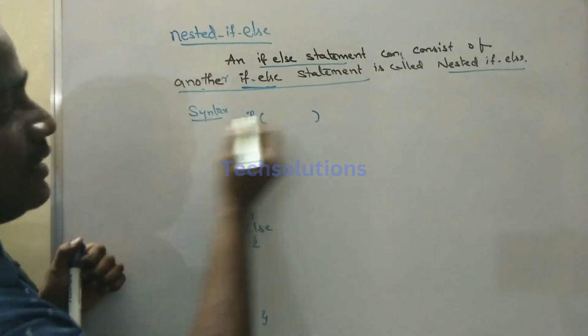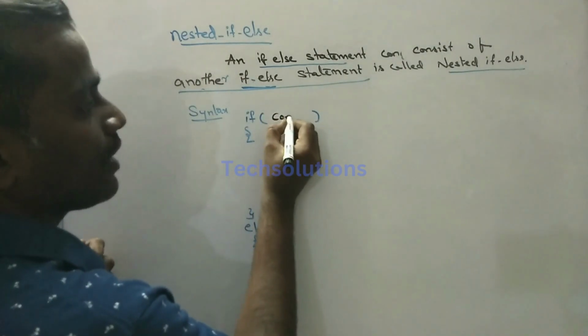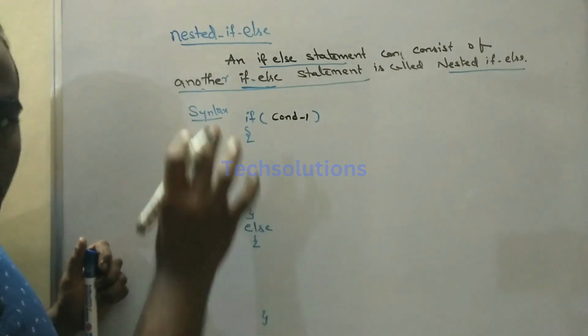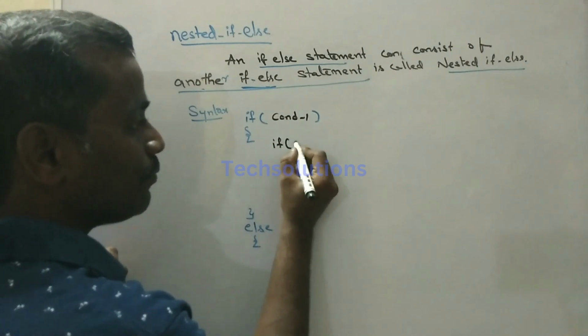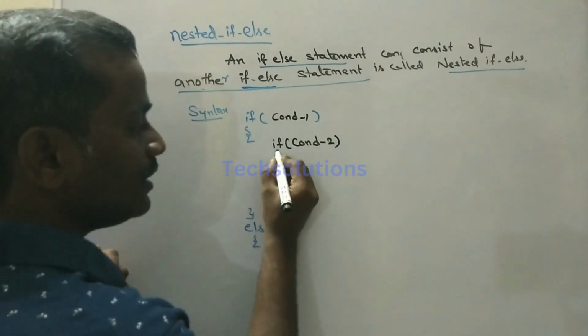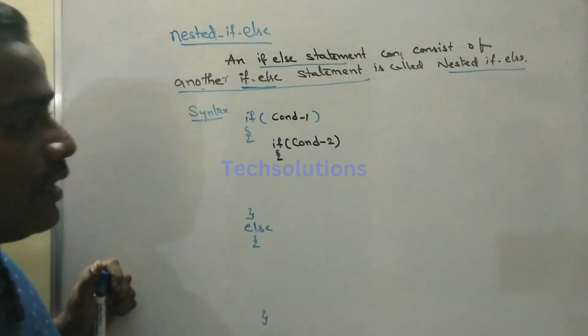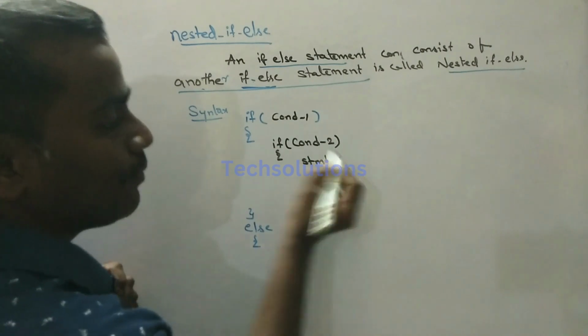Now see the syntax. If there is a condition, suppose I put condition 1. If condition 1 is true, again here I can put one more condition, suppose condition 2. Here if it is true, I can execute a particular statement, for example statement 1.